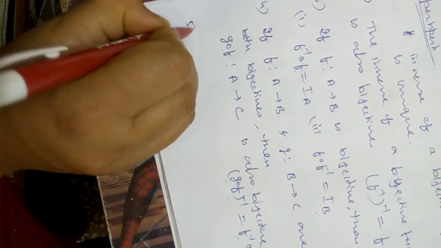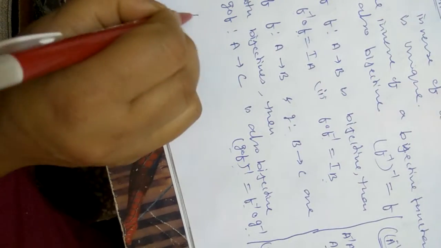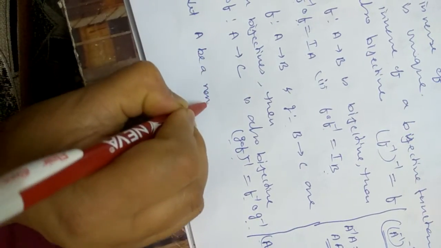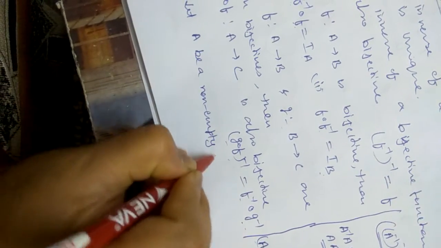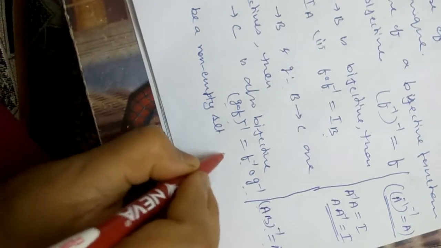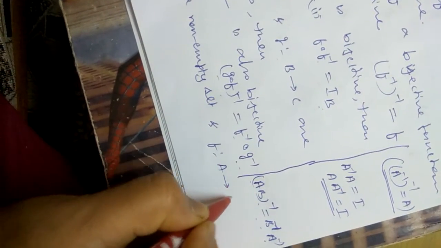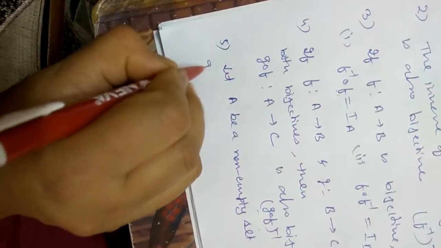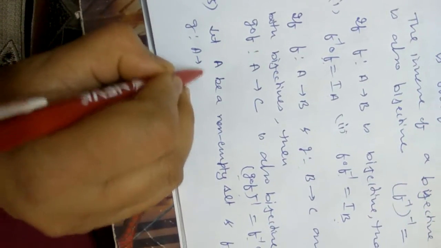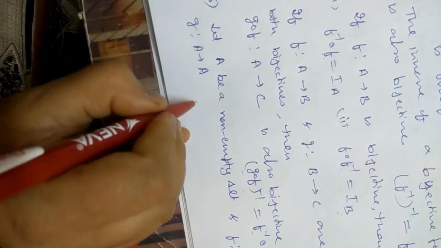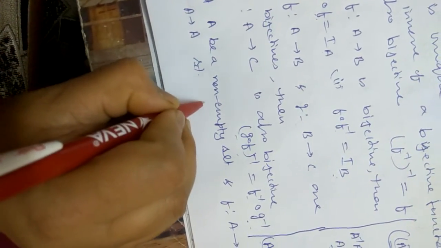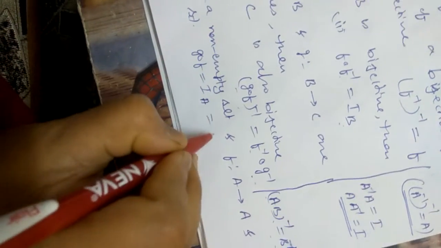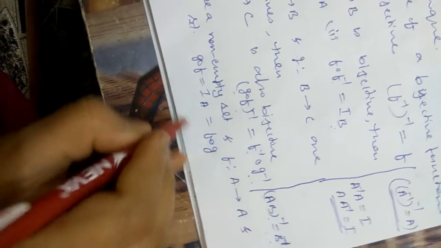Now the fifth property: let A be a non-empty set, and f is a function from A to A and g is a function from A to A, two functions such that g of f is equal to IA, which is equal to f of g.